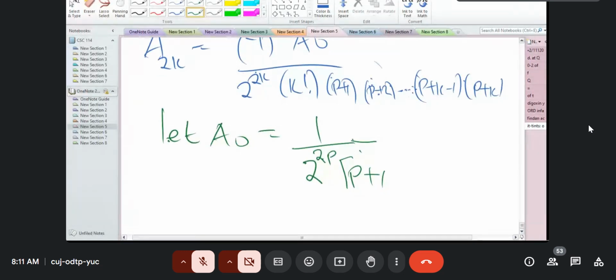Are you guys able to recall the relation between the gamma function and the factorial function? Some? Kindly remind us.